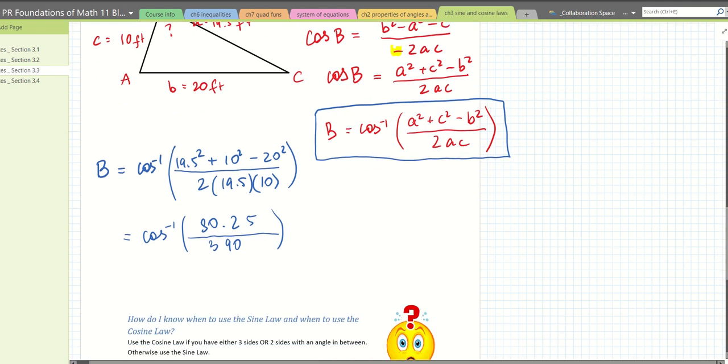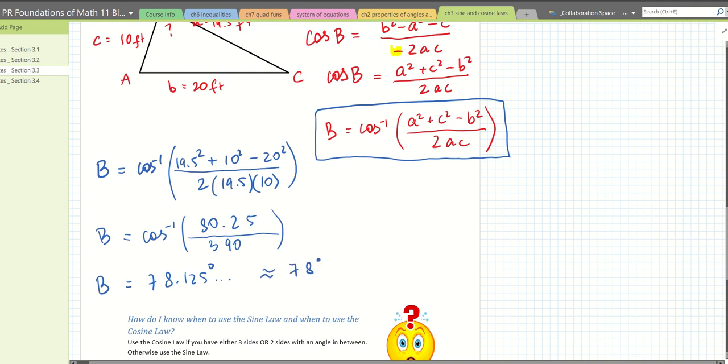So from this step, I'm going to take the inverse of cosine. So I'm going to use shift on my calculator, press the cosine button, and get the actual angle. So 78.125, and it just keeps going. So this is the angle B, in degrees. Now if you round this to the nearest degree, we end up with 78 degrees.